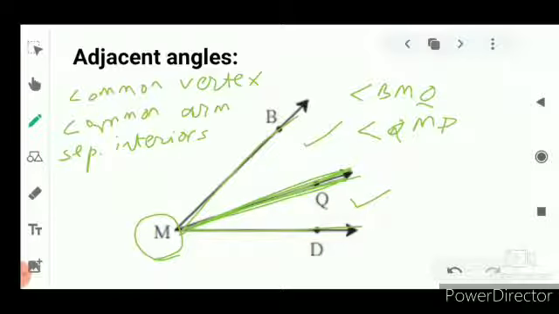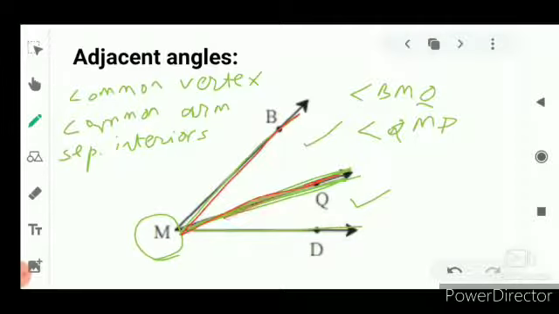You can also consider angle BMQ and angle BMD. They also have the common vertex M and the common arm BM.